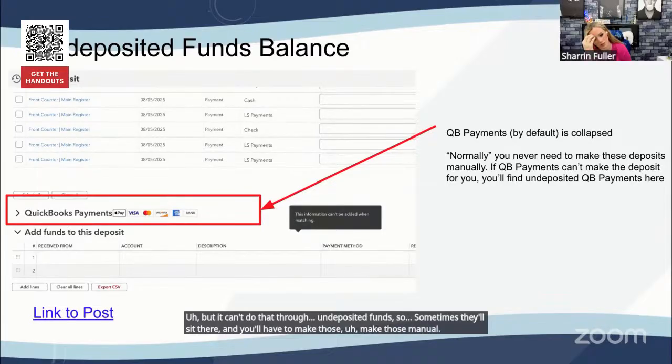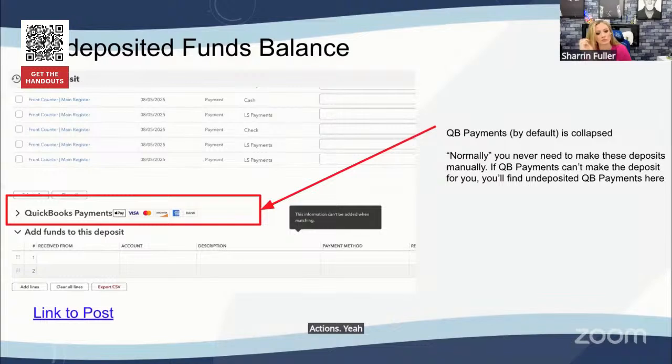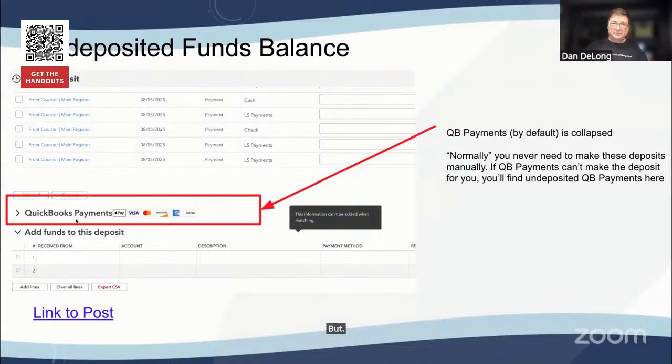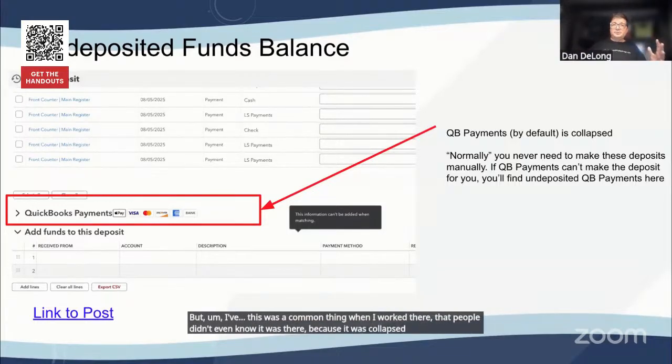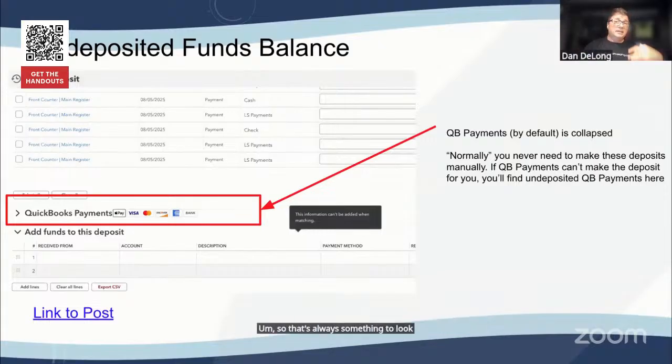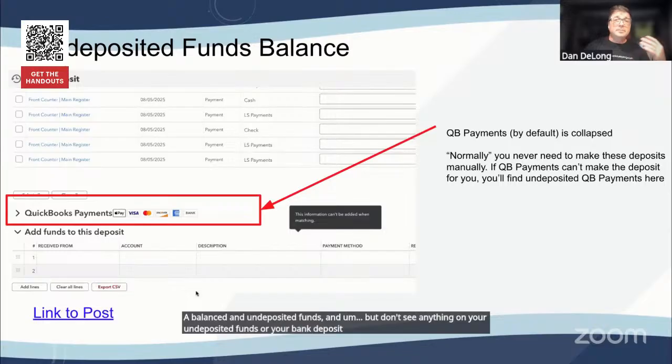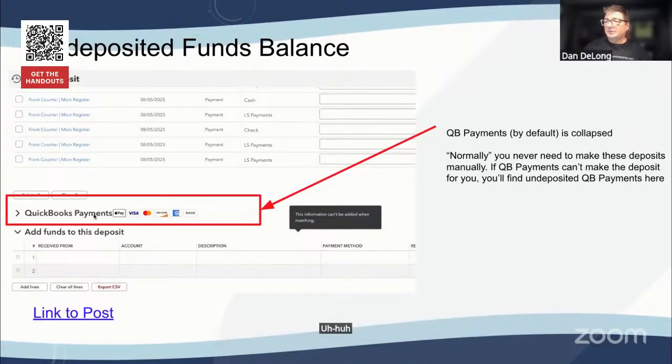Journal entries, yeah. But this was a common thing when I worked there, that people didn't even know it was there because it was collapsed by default. So that's always something to look for when you see a balance in undeposited funds but don't see anything on your bank deposit screen to be deposited. Always check and make sure that it is collapsed.